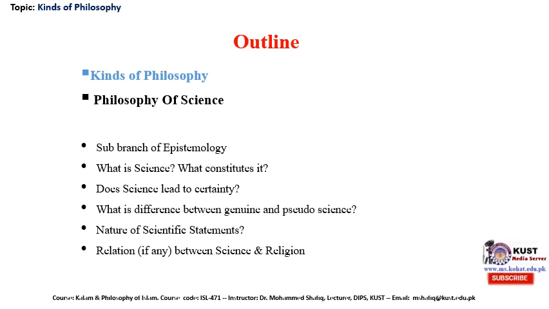Because science concentrates on experimental and observational knowledge, while religion is based upon a belief system, which does not necessarily entail any experience, any observation. So, philosophy of science deals with all these questions.